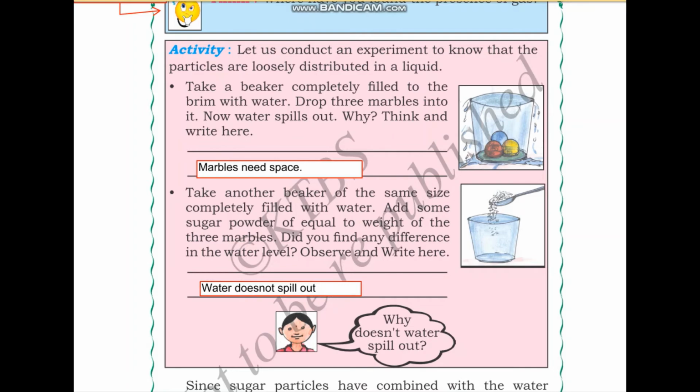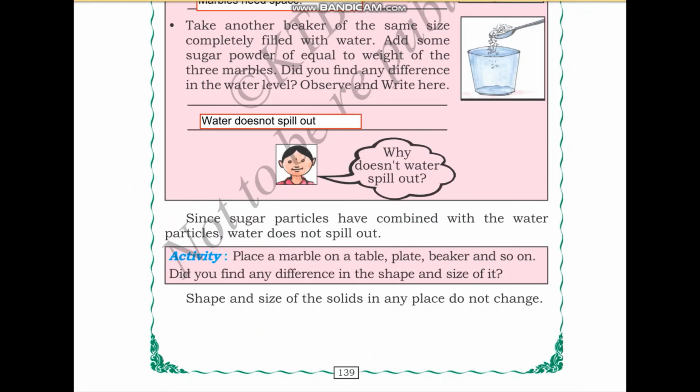The reason why water does not spill out is because the particles of the sugar combine with the water particles. So they form bonds with the water particles. This is why they do not need additional space or volume. Since the sugar particles have combined with the water particles, water does not spill out.